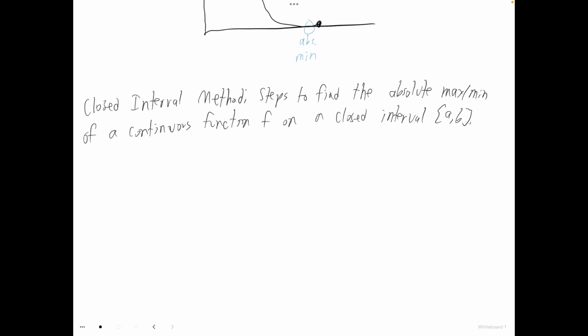We are guaranteed by the extreme value theorem that they exist, and this is just telling us how do we find them. So let's talk about what the closed interval method says.